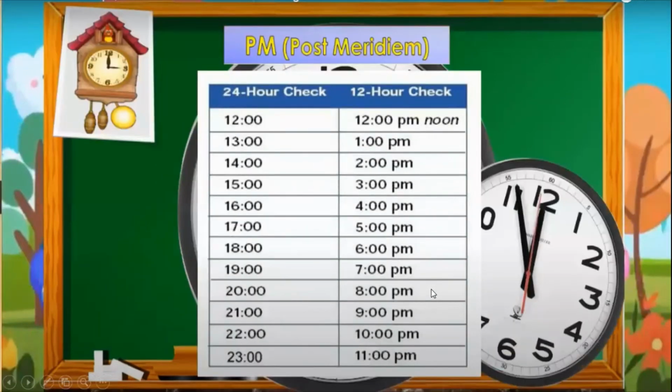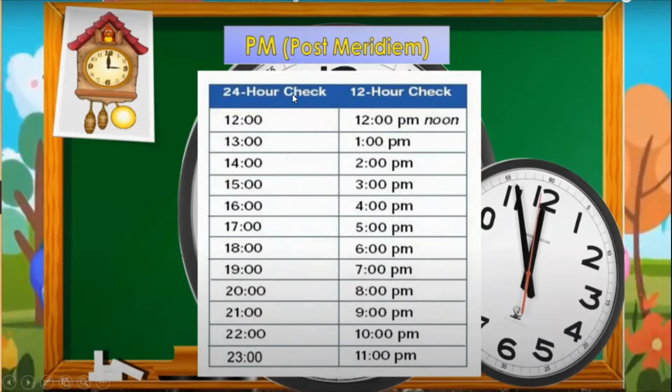We have also our PM or the post meridiem, the 24-hour clock and the 12-hour clock. For 12 noon, that is 1200 hour. For the 12-hour clock, that is 12 p.m. or 12 noon.